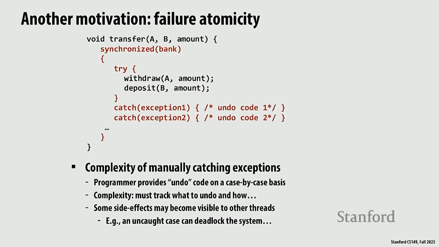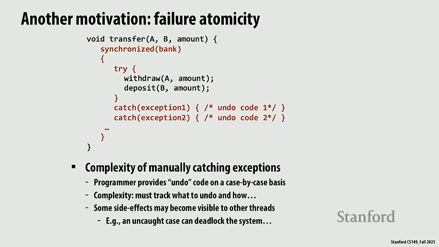Another benefit of transactions is what happens when failure occurs, right? So how do you deal with failure atomicity? In the case of locking, you've got to remember to, in your exception handler, release any locks that you've acquired and clean up things in the right way and restore memory or the state of the system to the way it was before the method executed.